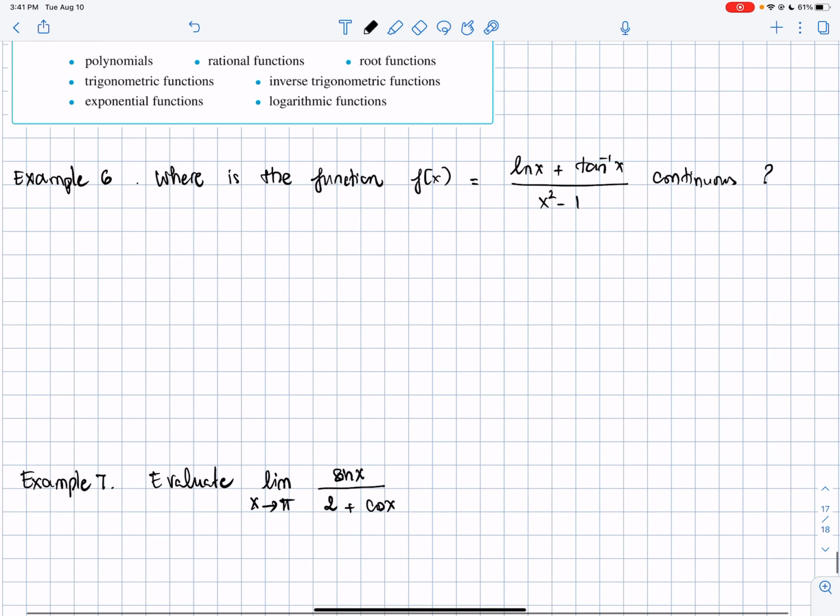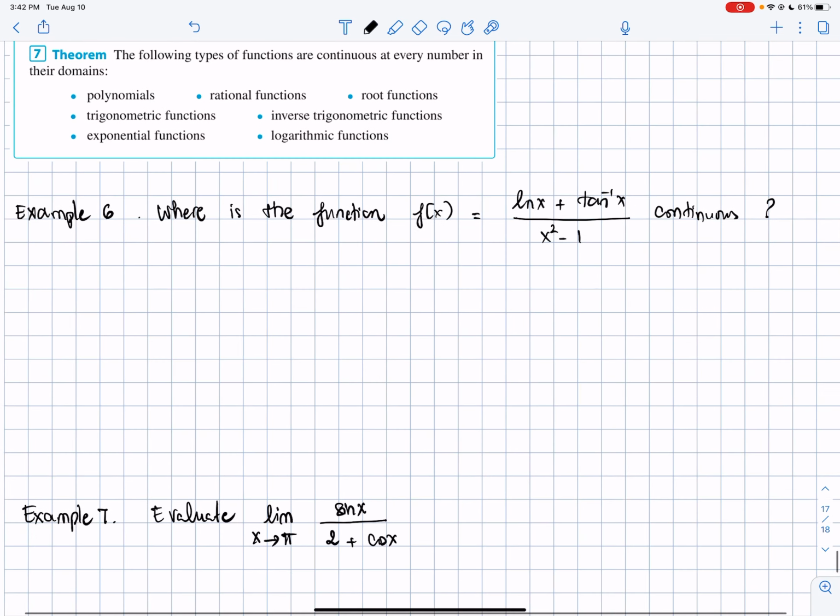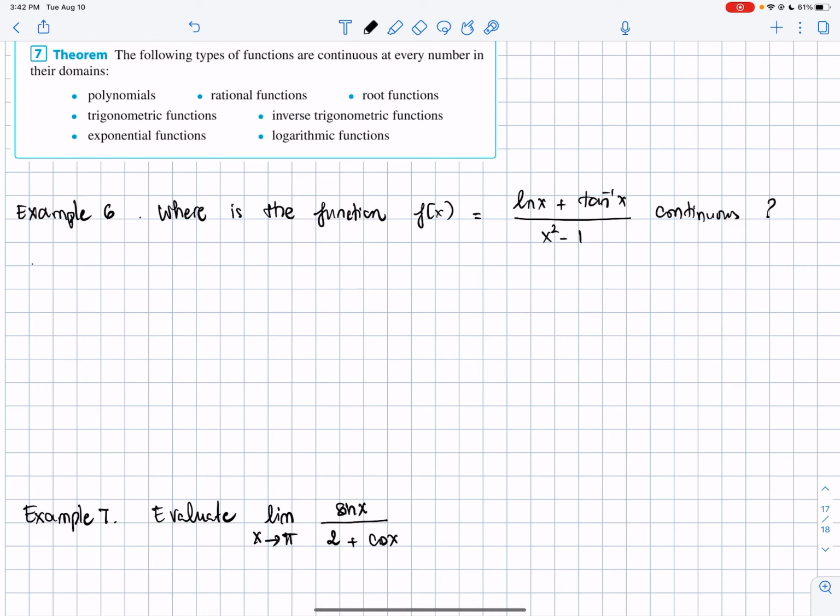Example number 6. Where is the function f of x equal to (ln of x plus tangent inverse x) divided by (x squared minus 1) continuous? Let's check the domain one by one. Ln of x is continuous for x greater than 0.